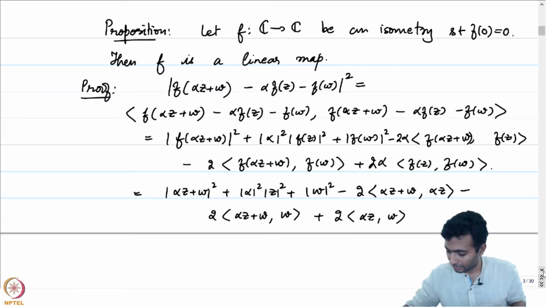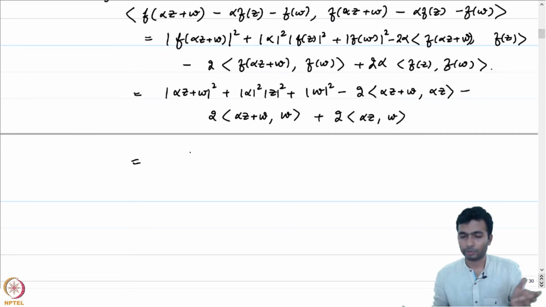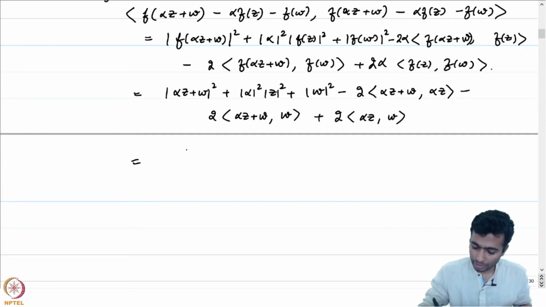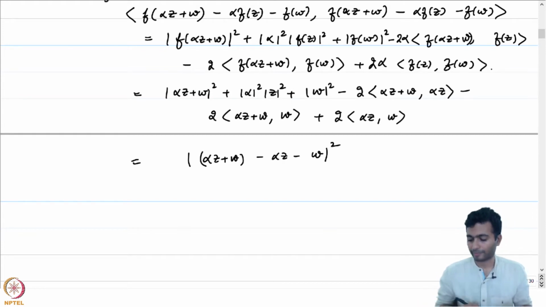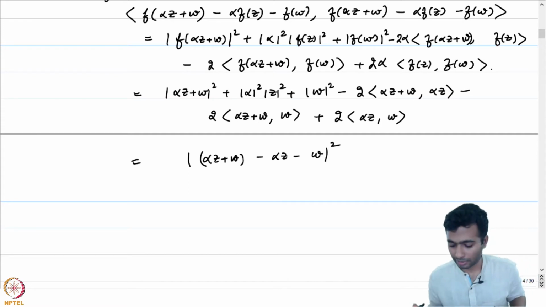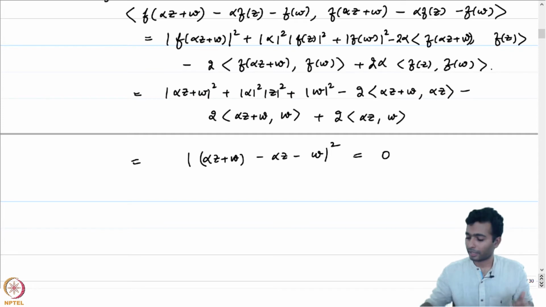And you should check that this is exactly the expression for the inner product of alpha z plus w minus alpha z minus w with itself. So this is the absolute value of alpha z plus w minus alpha z minus w, whole square. Same techniques, the same tricks involved, and you can check that this is equal to 0. But when can the absolute value be equal to 0?